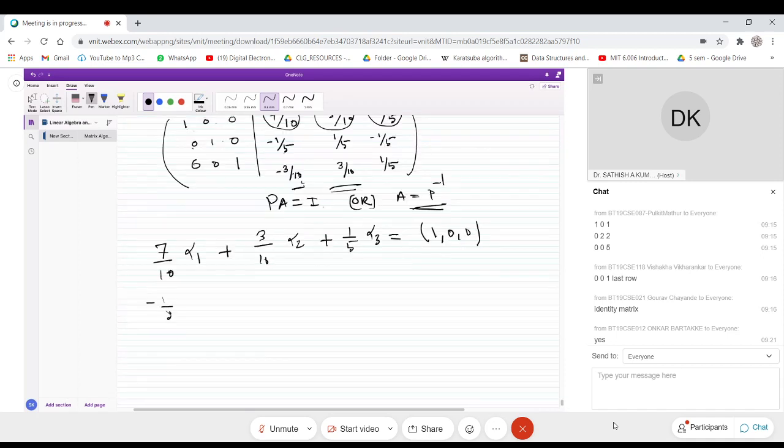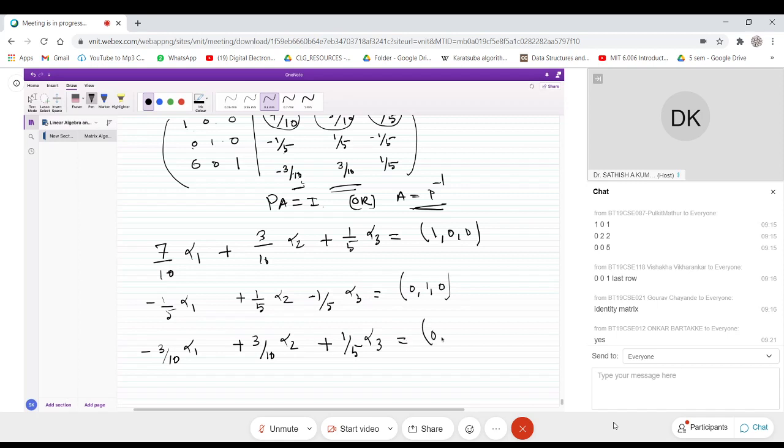From the second equation, it should be minus 1 by 5 times alpha 1 plus 1 by 5 times alpha 2 minus 1 by 5 times alpha 3, which is the same as 0, 1, 0. And the third: minus 3 by 10 alpha 1 plus 3 by 10 alpha 2 plus 1 by 5 alpha 3 is the same as 0, 0, 1.